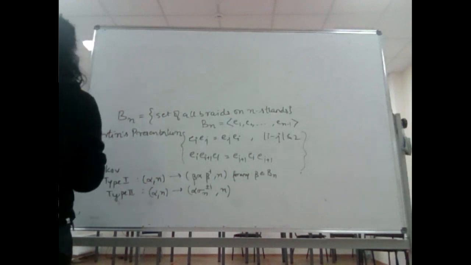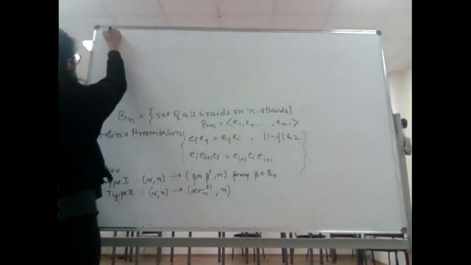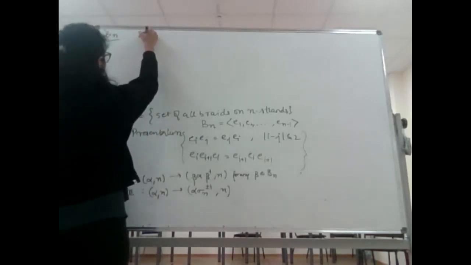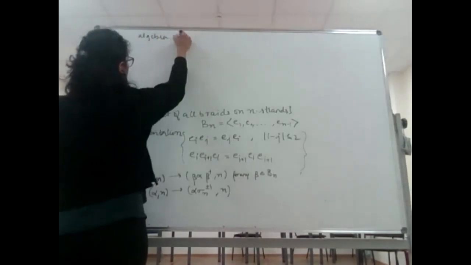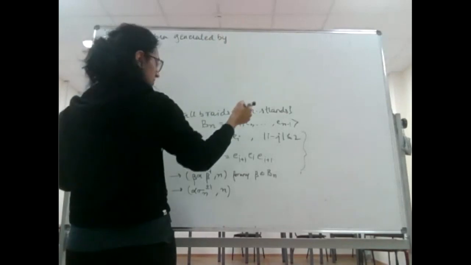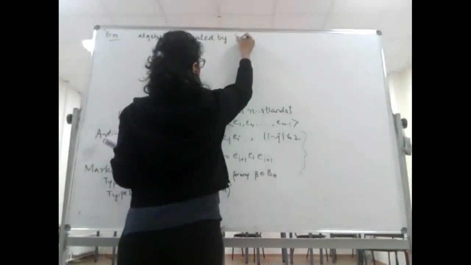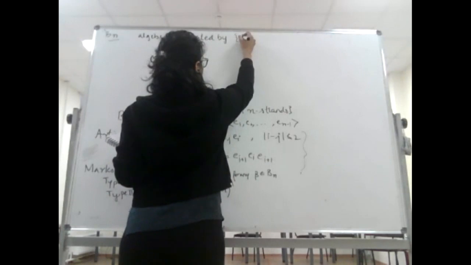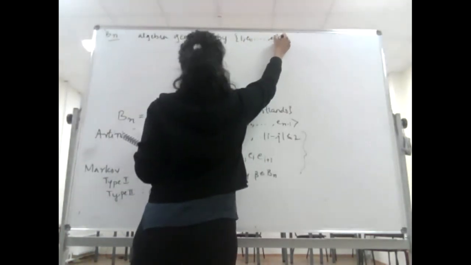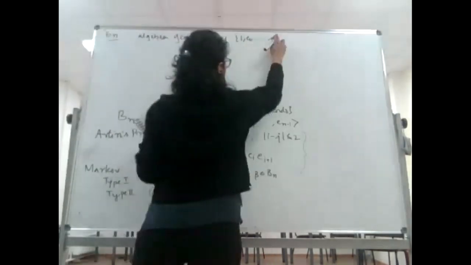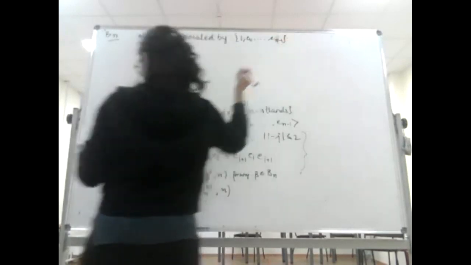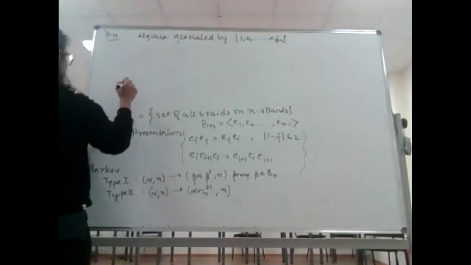And so in fact, if we have a given braid group Bn and the algebra generated by those projections that we saw earlier, then we make a particular substitution.